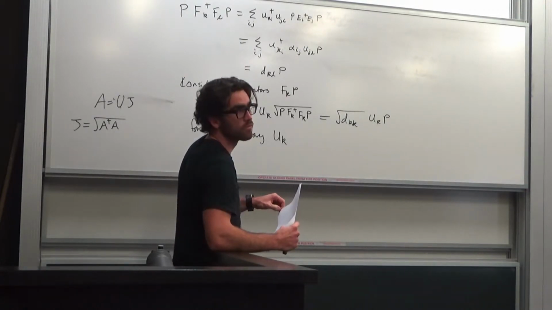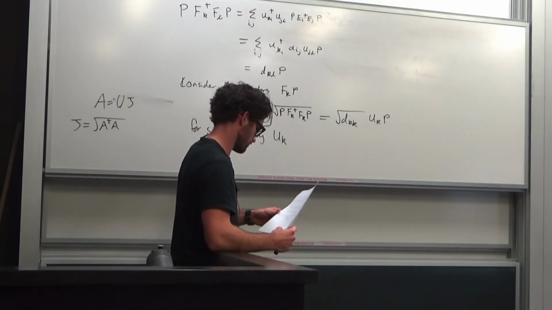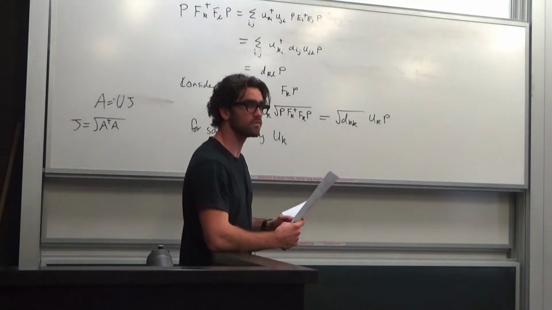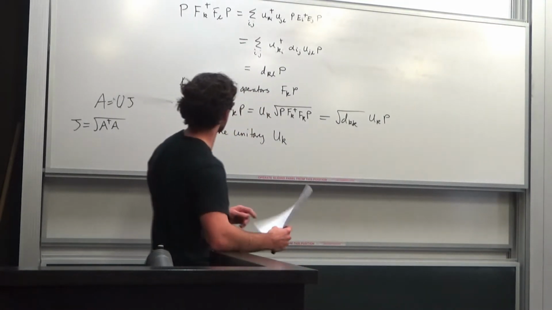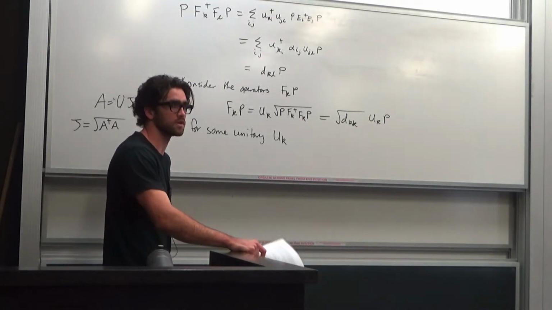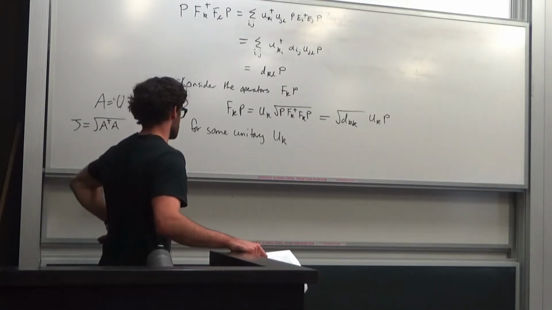Okay, so maybe it's just that the U is different. I think you just need some U_K, whether you call it U_K or something else. I was under the impression we need them to be the same unitary. Let's just proceed and then see if it's an issue.